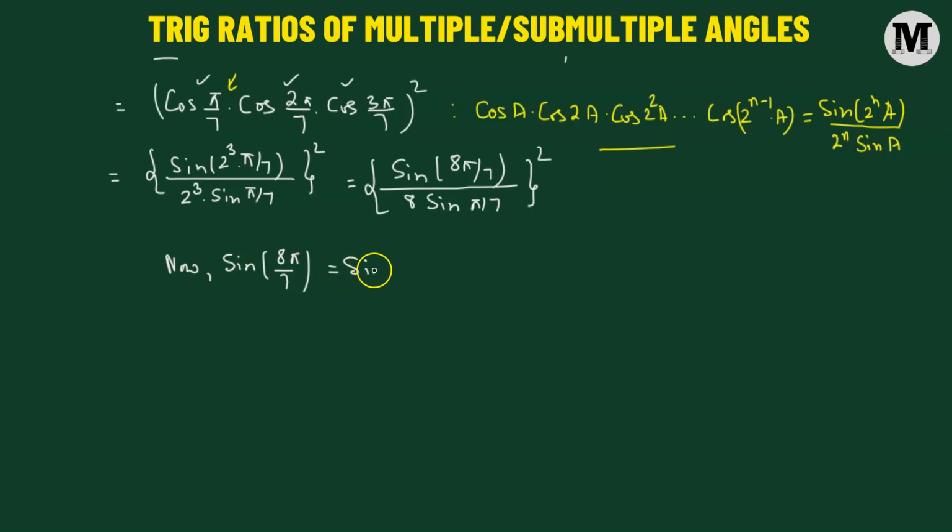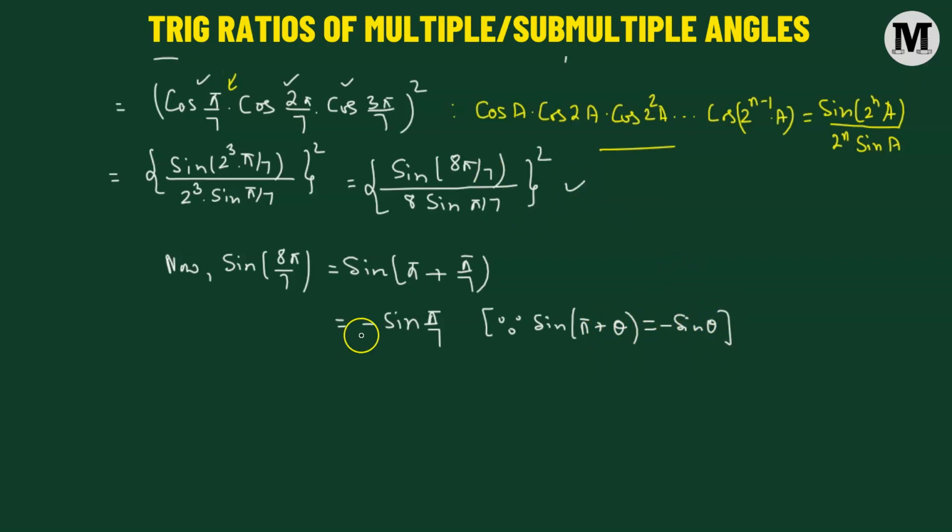This can be also expressed as sine of the value pi plus pi over 7, means exactly the same thing. That sine of pi plus pi over 7 will be equals to negative sine pi over 7, which means that we are using the fact here that sine of pi plus theta corresponds to negative sine theta, which means our expression will now become negative sine pi over 7 divided by 8 times sine pi over 7.